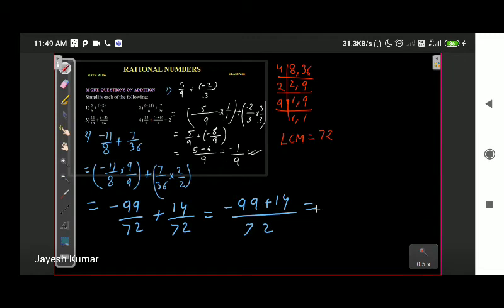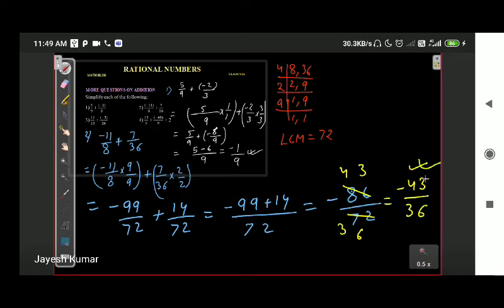So your final answer will be minus 86 upon 72. Once again, the question is telling us to simplify the answer, so we will simplify it by 2. 2 4s are 8, 2 3s are 6, 2 3s are 6, 2 6s are 12. So the final answer will be minus 43 upon 36.